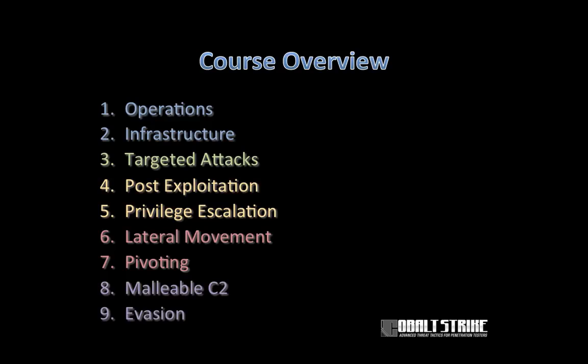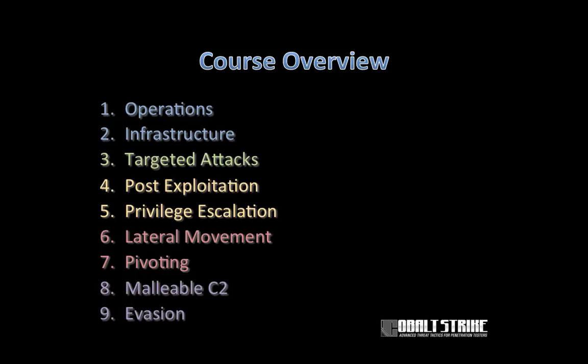Once we have that foothold, we're going to go on to parts 4 and 5 to focus on post-exploitation, privilege escalation, and how to harvest credentials and password hashes. We'll then talk about how to abuse trust relationships for lateral movement and how to tunnel different types of tools through a compromised system with Cobalt Strike.